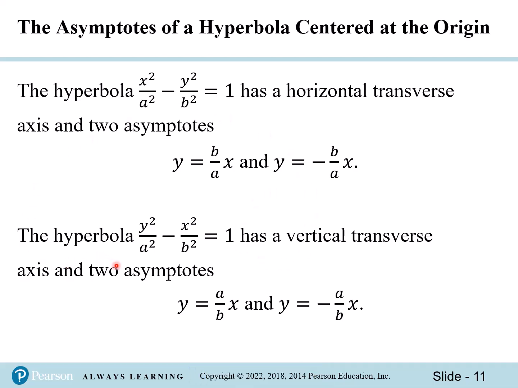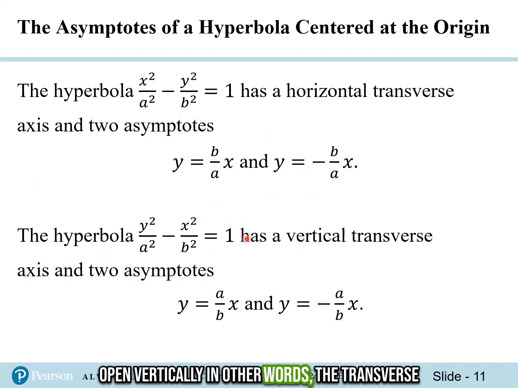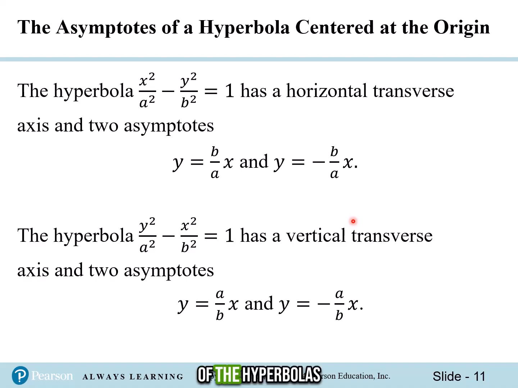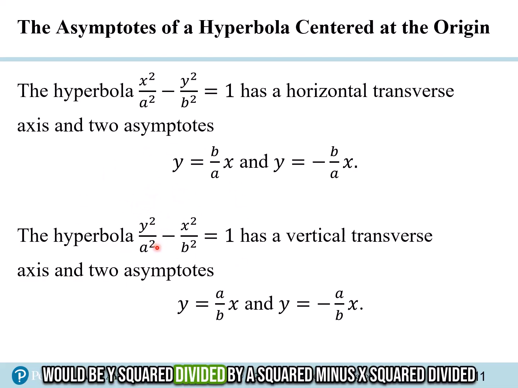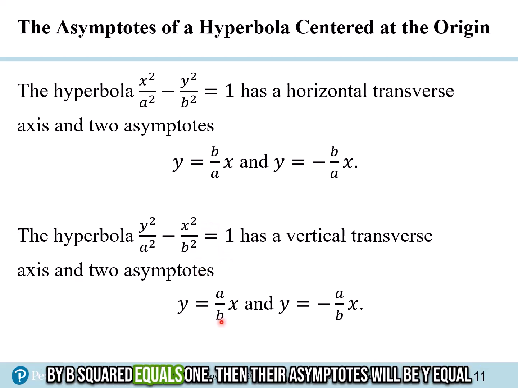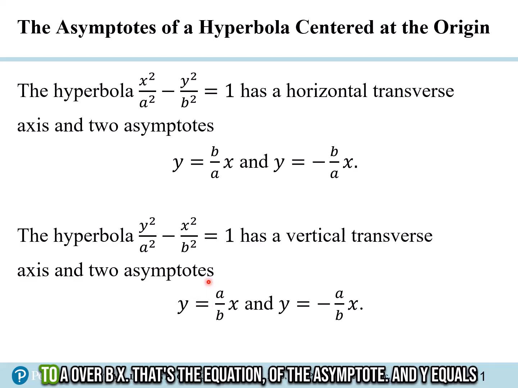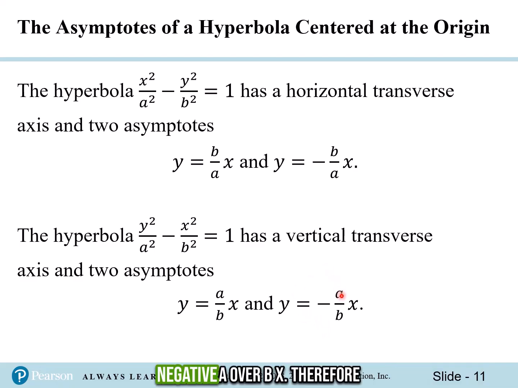If the hyperbolas open vertically, in other words, the transverse axis of the hyperbolas is vertical, they intersect the y-axis, the equation of which would be y squared divided by a squared minus x squared divided by b squared equals 1, then their asymptotes will be y equals a over b x, and y equals negative a over b x.